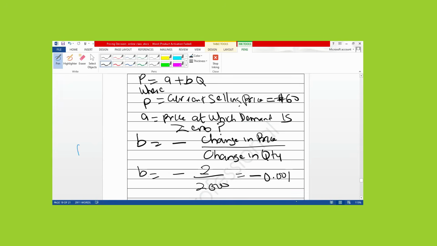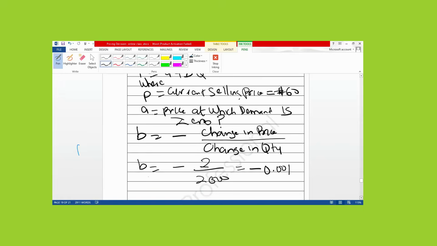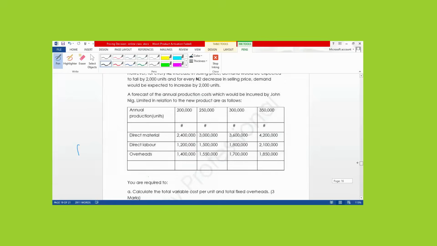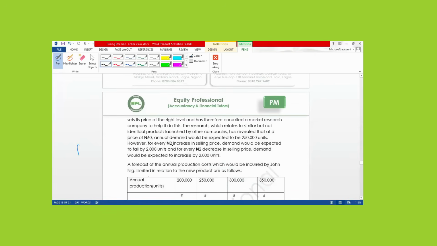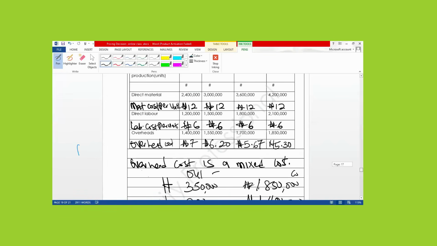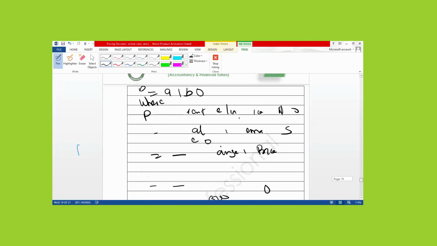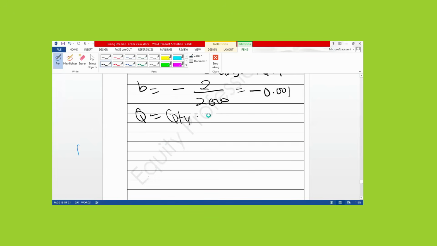That will now change your Q, or you can call it S, quantity. Examiner says at a price of 60 naira, annual demand will be expected to be 250,000 units.